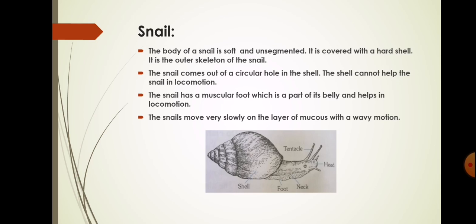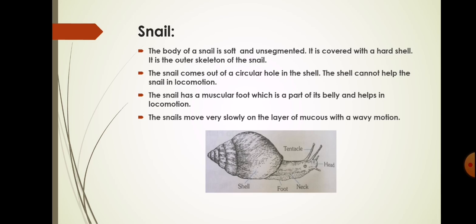The snail comes out of the shell through the circular hole which is present in the shell.